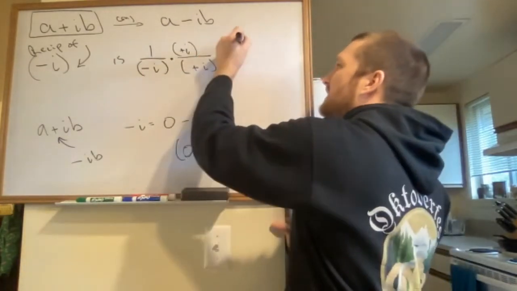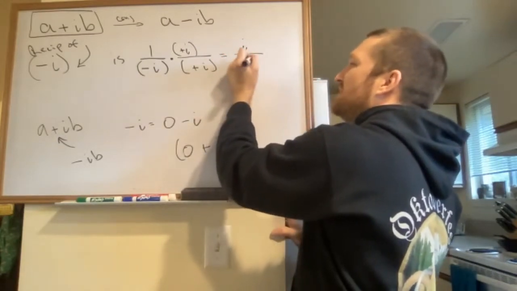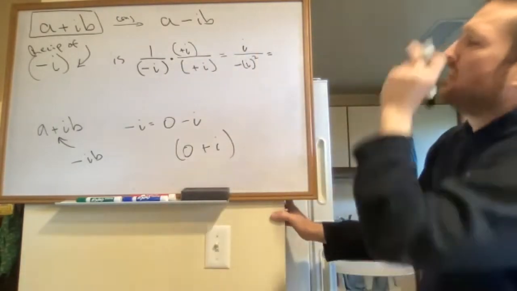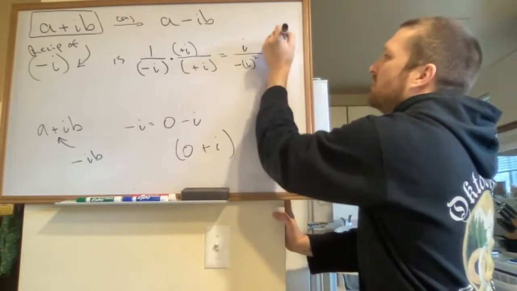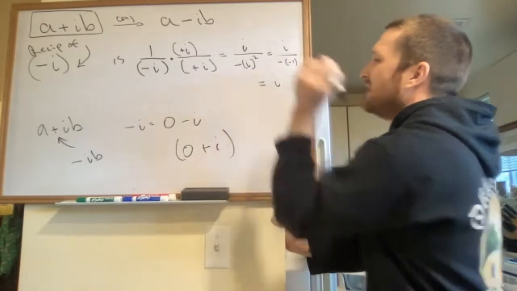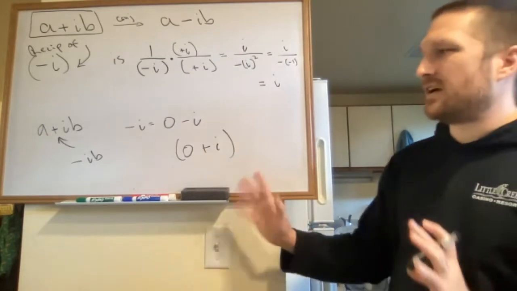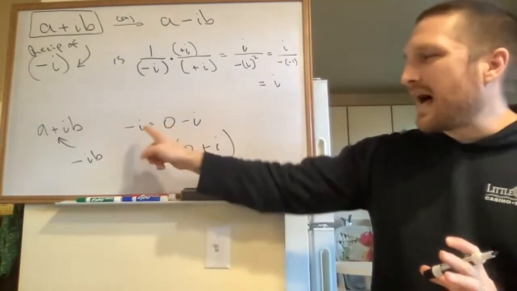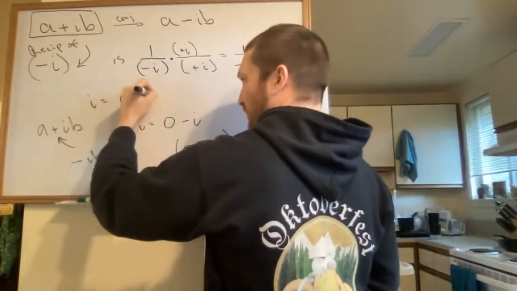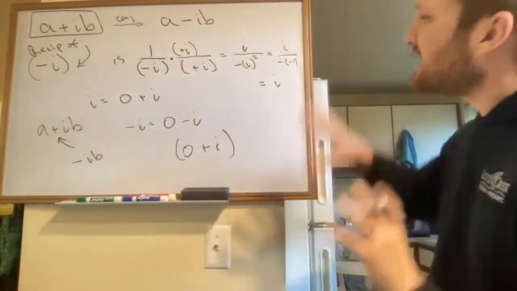And so then we have an i on top. Negative i times i, which is negative i squared. Negative i squared is negative 1. And so finally, that's just an i. Okay, so there's no difference there. It's just a little tricky because i by itself is 0 plus i. So yeah, but okay, so that's not too bad.